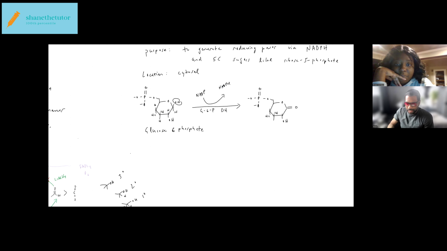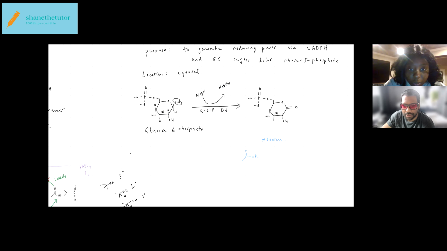And now there's a special name for what this is, which is a lactone, because, okay, what type of molecule is that?